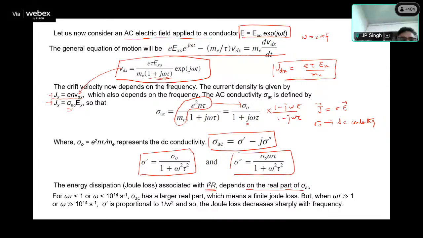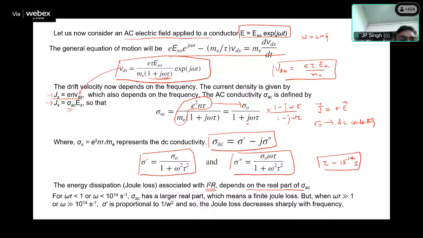Now see, omega tau is very important. What is omega? Omega is the frequency of the applied electric field, and tau is the material property. Tau is the mean free time, and this is of the order of 10 raised to the power minus 14 seconds, so this is a very small mean free time.